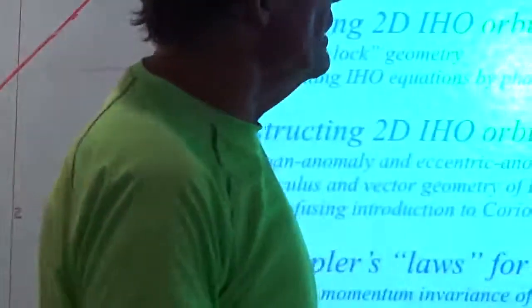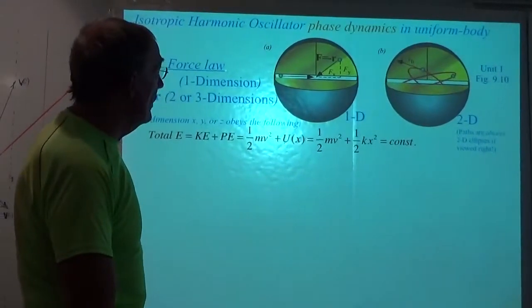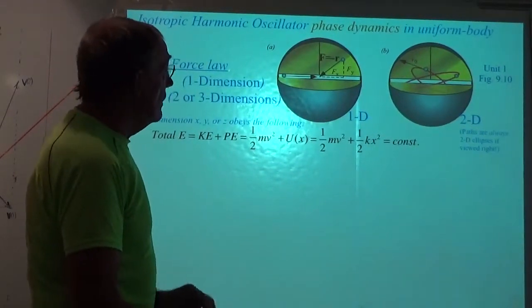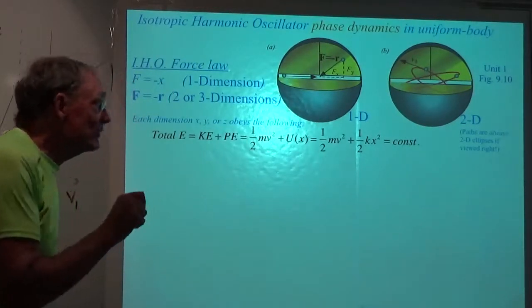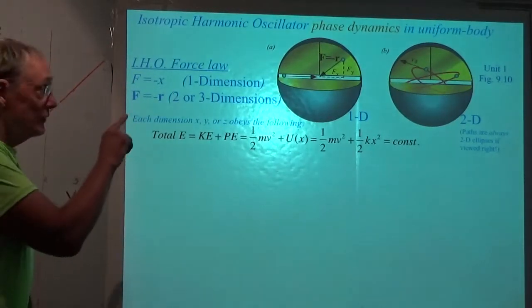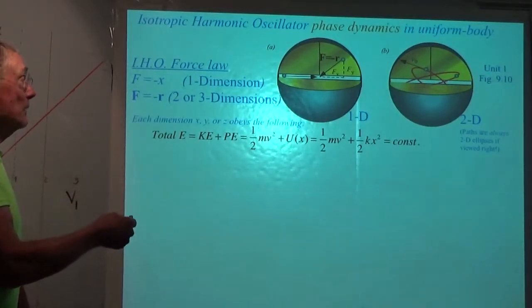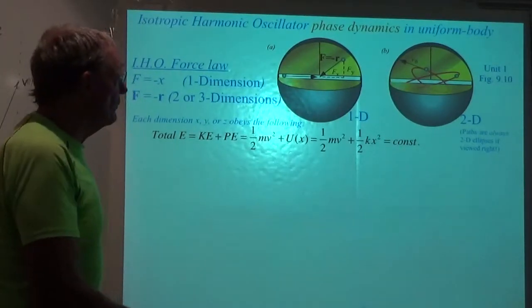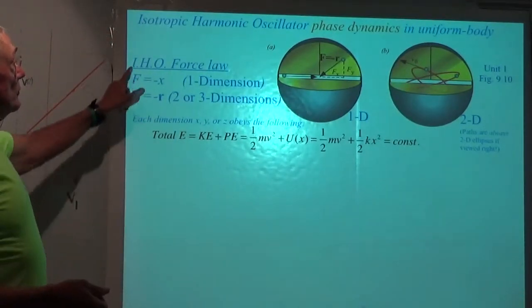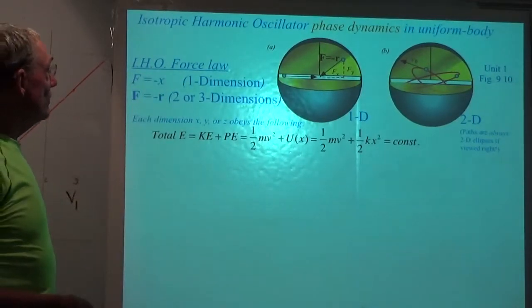Now, the description of this in the text is in chapter 9. We start out by finding the most pedestrian way we can to derive this phasor geometry, the sinusoidal motion that is associated with an isotropic harmonic oscillator, F equals minus x.